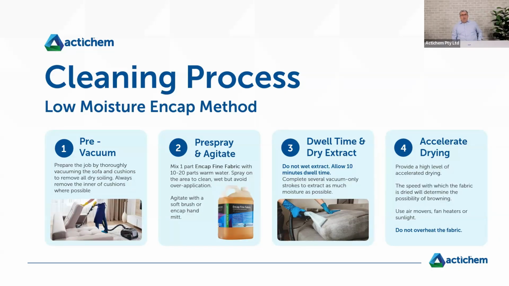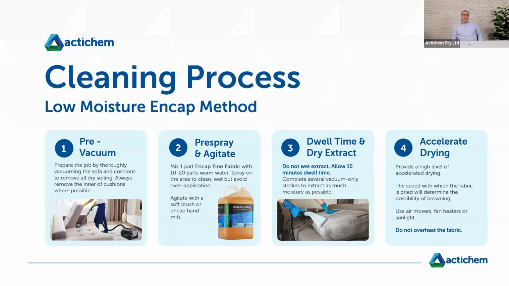Then we pre-spray and agitate with the end cap fine fabric. So mix up a 1 in 16 mix, that's around about 60 mils per liter, and spray that on the fabric using a pump up sprayer or a trigger spray. Agitate it with a horsehair brush or an upholstery sponge or a bonnet pad, bonnet mitt they call them, and provide some dwell time and then rinse extract.